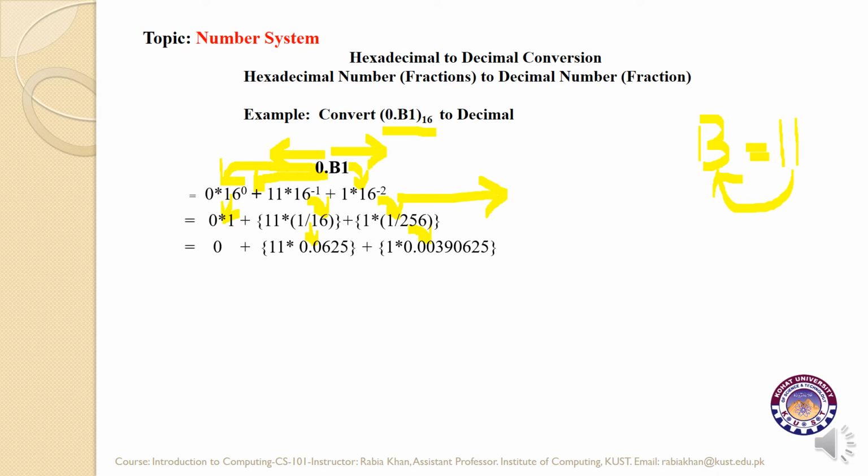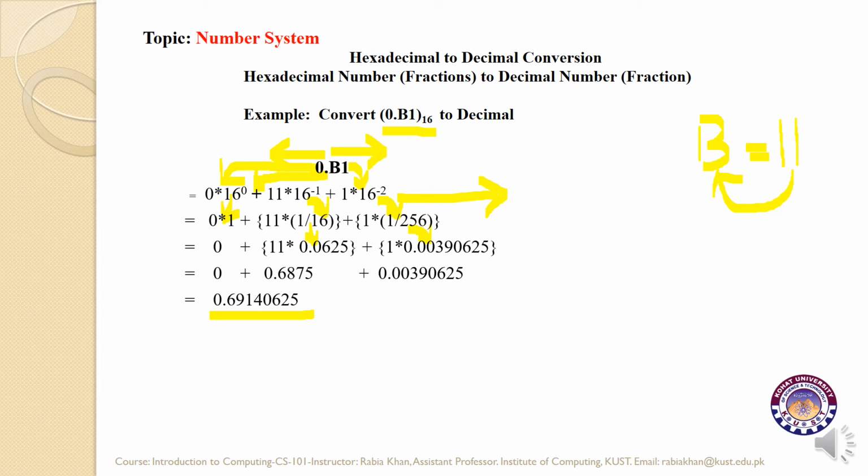When we perform the multiplications, these are the results for the individual products, and when we add up these products, the result is 0.69140625. This is actually a decimal number.